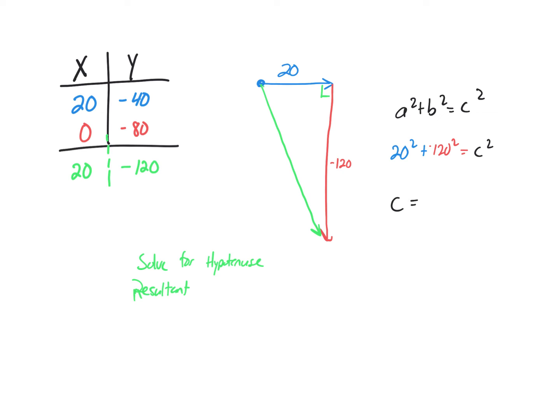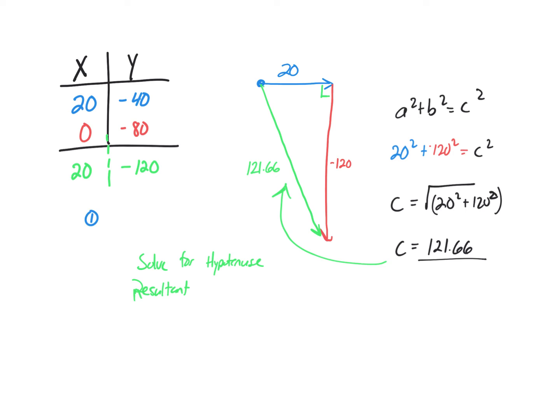Doing a little math here, I'm just going to take the square root of 20 squared plus 120 squared, and get my answer that will be the displacement from the start to the finish after I've combined all the x and y parts together. You might have 2, 3, 4 different vectors that end up being this final triangle. For this one, we have about 121.66. That becomes my resultant, or my hypotenuse, for this combined triangle.